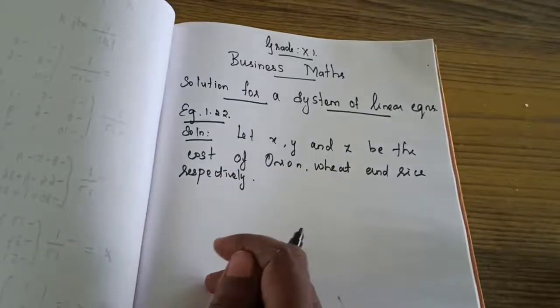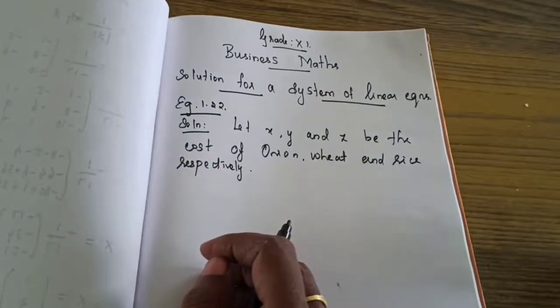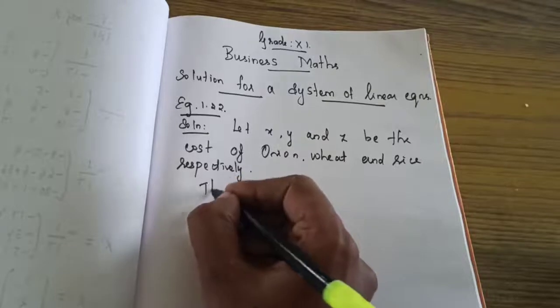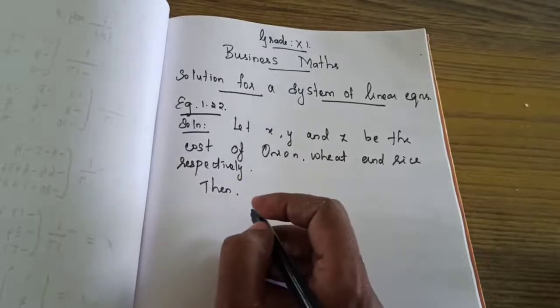So x is the cost of onion, y is the cost of wheat, z is the cost of rice. Then how will you form the equations? I am reading the question.